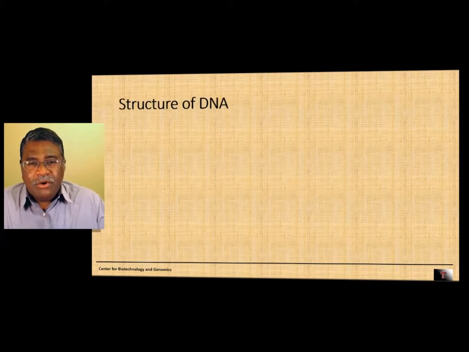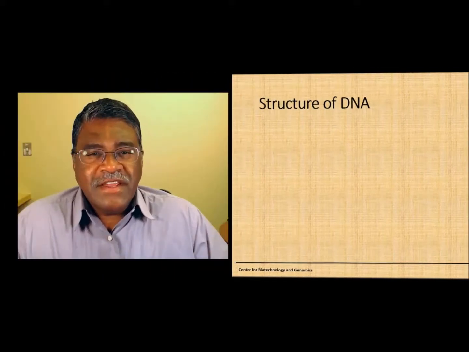Now, one of the important aspects of sequence analysis is that from now on you're going to treat a DNA sequence or a protein sequence as a string of letters. In DNA it's ATCG, in RNA it's AUCG, and then there are the 20 conventional amino acids in a protein sequence, and you're just going to take it for granted that this is the sequence, which is what is called the primary structure.